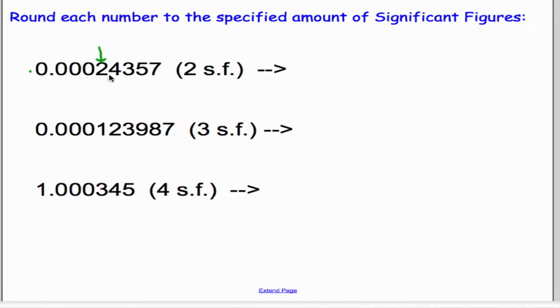So that means our second significant figure is the 4, and then the third one is the 3, which is what we need to look at because we're trying to round this to 2 significant figures. So since that 3 is smaller than 5, it means we need to leave all of these leading zeros, and it becomes 0.00024.